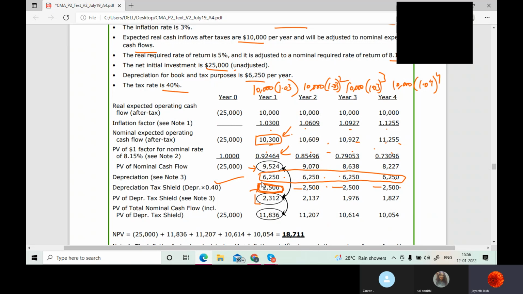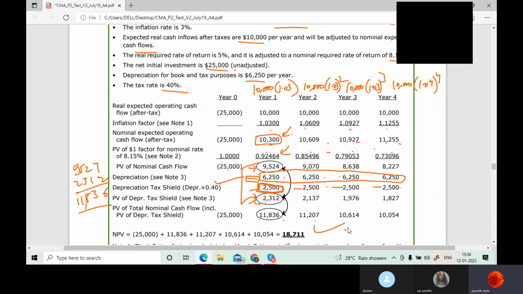They have got the present value. They have taken the depreciation amount, done the tax shield, and found out the present value of that. Now 9,524 plus 2,312 would give you 11,836. So in that way, every year you'd get, and then you can find out your NPV.